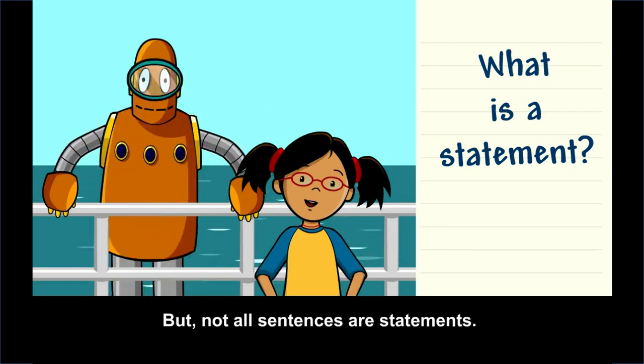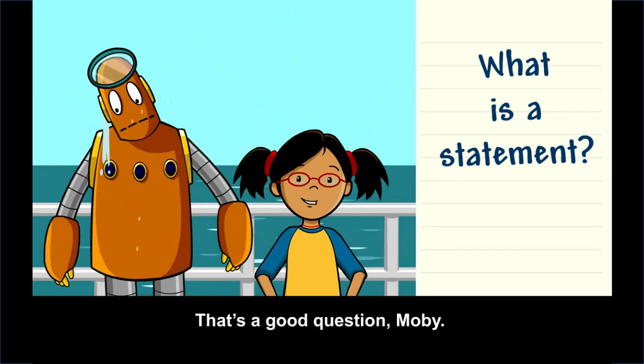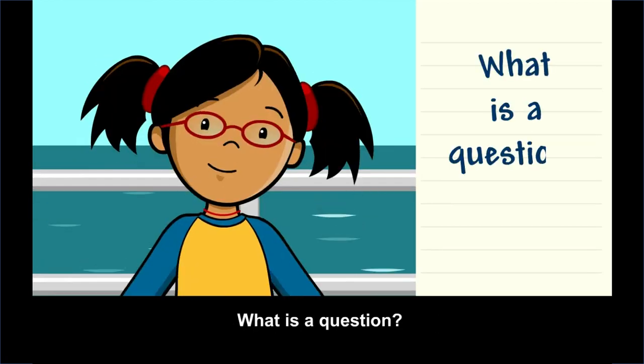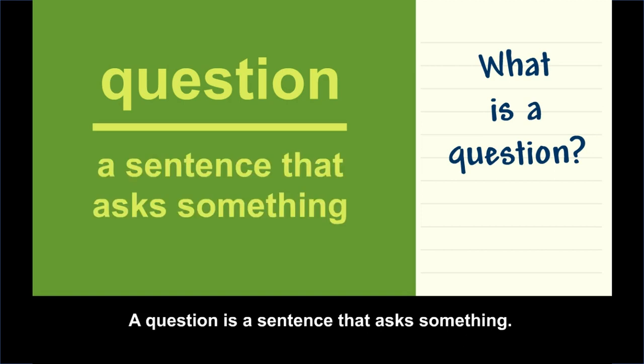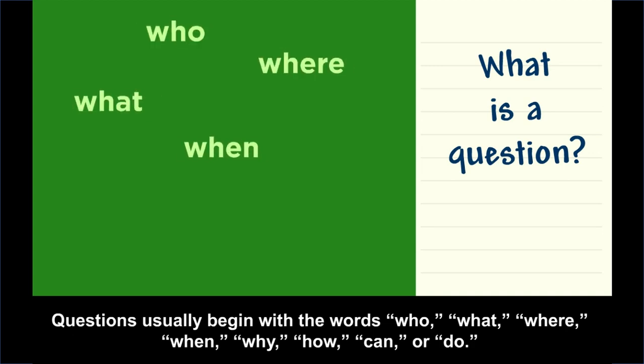But not all sentences are statements. That's a good question, Moby. What is a question? A question is a sentence that asks something. Questions usually begin with the words who, what, where, when, why, how, can, or do.